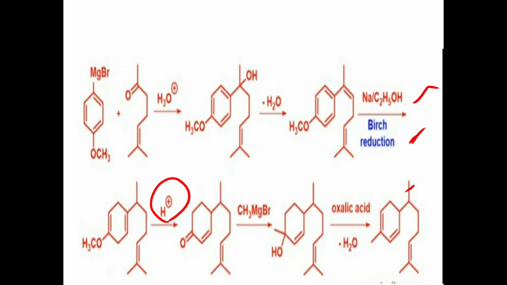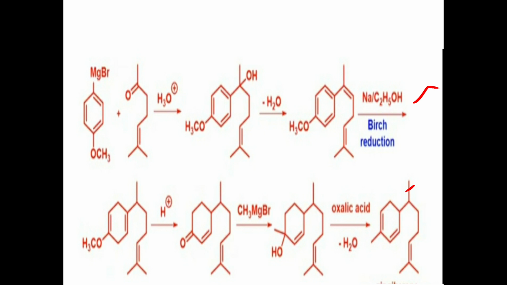The first change is the double bond at unconjugated position is migrated to conjugated position, and the methoxy group is hydrolyzed to form hydroxy group, and this hydroxy group on tautomerization converts into the ketone group. So almost the synthesis of zingiberene is done.